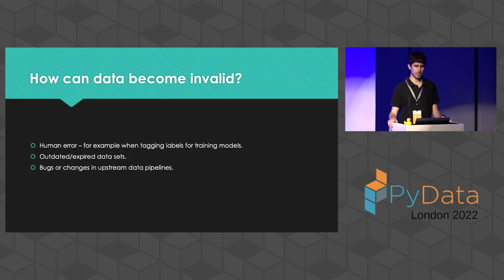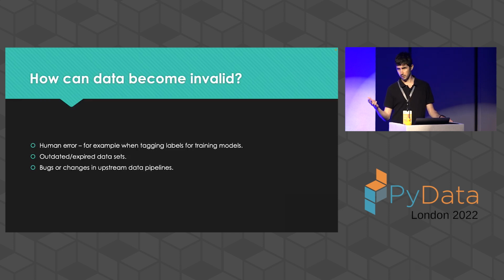And finally, there can be bugs or changes in upstream data pipelines. So if, for example, you're consuming data in a production system that you are not responsible for and you're just a consumer, then there might be a change in that upstream source that you are not aware of, and you should be aware of. By putting data validation steps in place, you are more prepared for that kind of scenario.